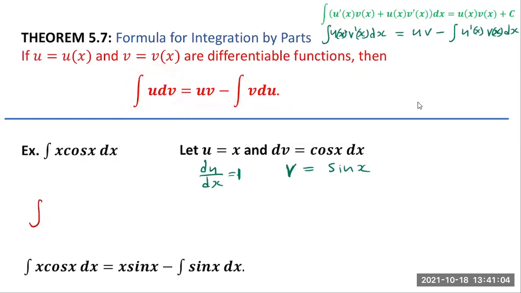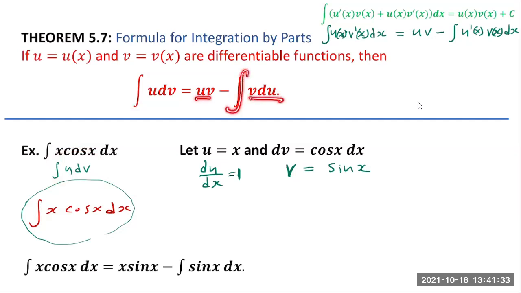So let me apply that formula. x times cosine x dx is nothing but the integral of u dv, because I identified x to be u and dv to be this whole thing. So that should be equal to uv minus the integral of v du.